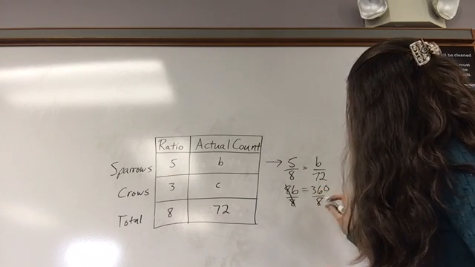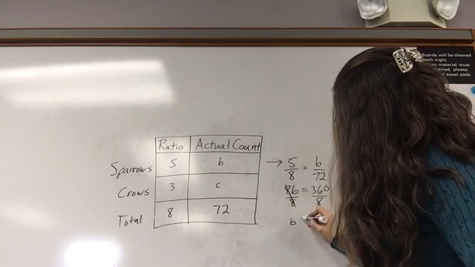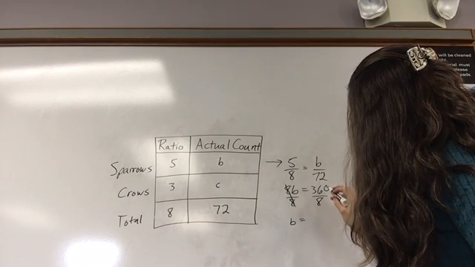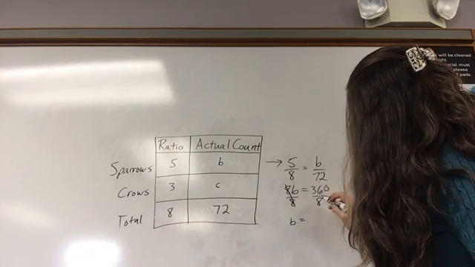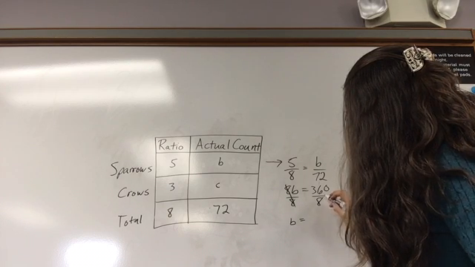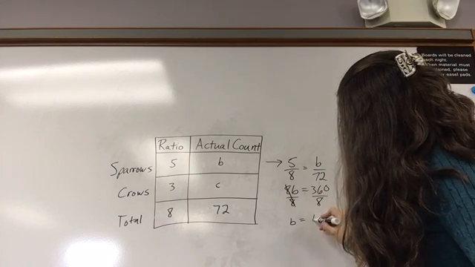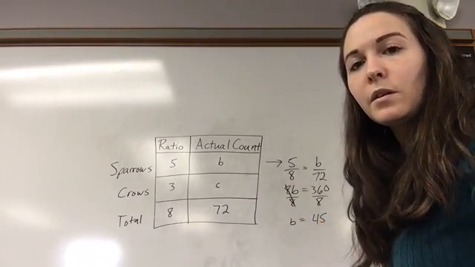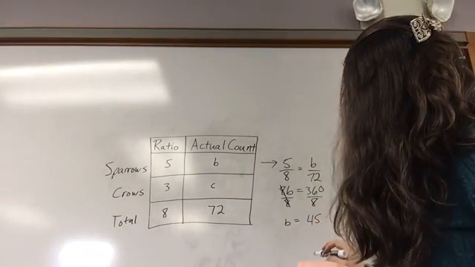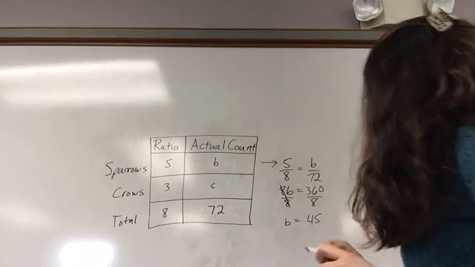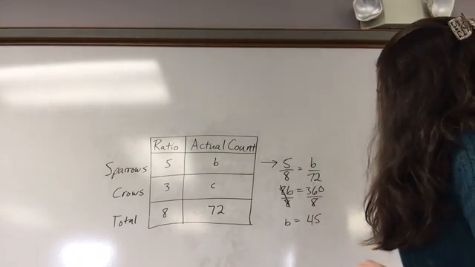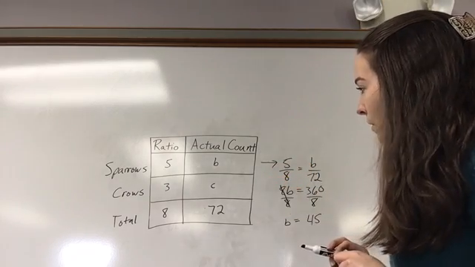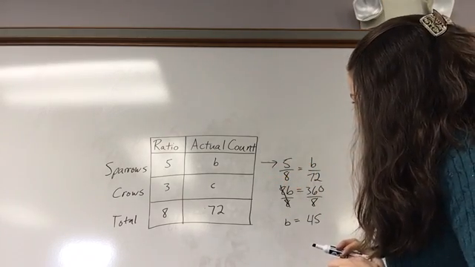Cancels that with the B, and we would get B equals 45. Make sure you can see that there. All right, so B equals 45. So we would have 45 sparrows for 72 birds.